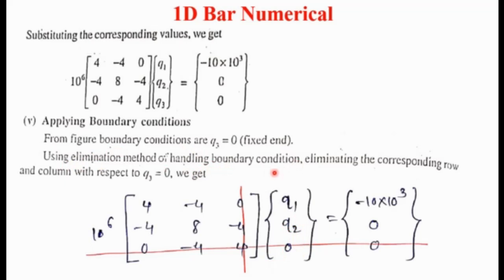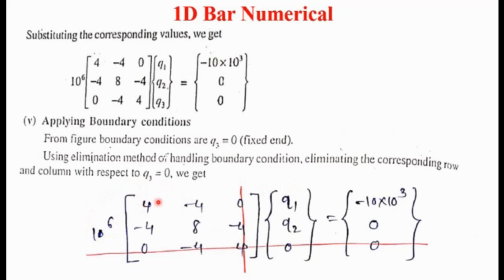By eliminating the corresponding row and column with respect to Q3 equal to 0, we can eliminate this third row and third column here.